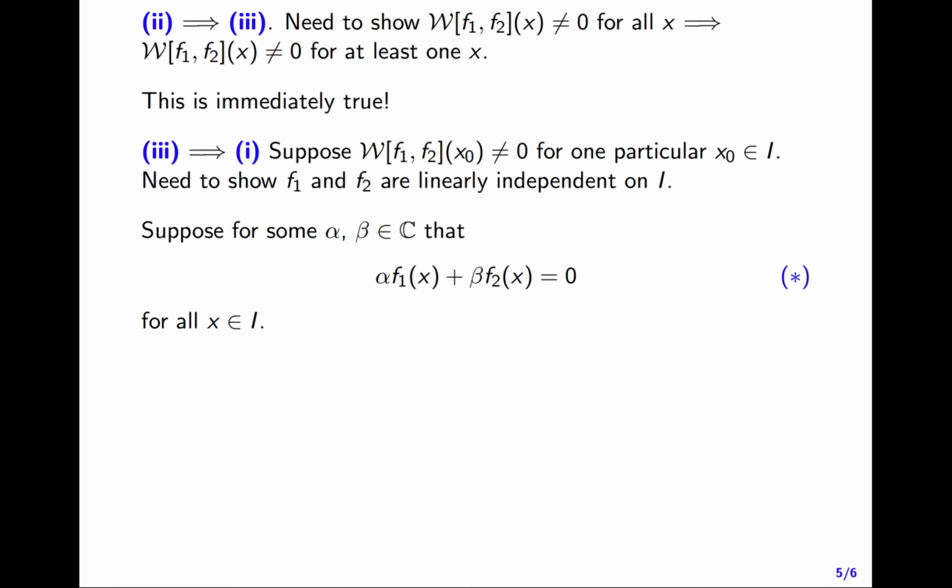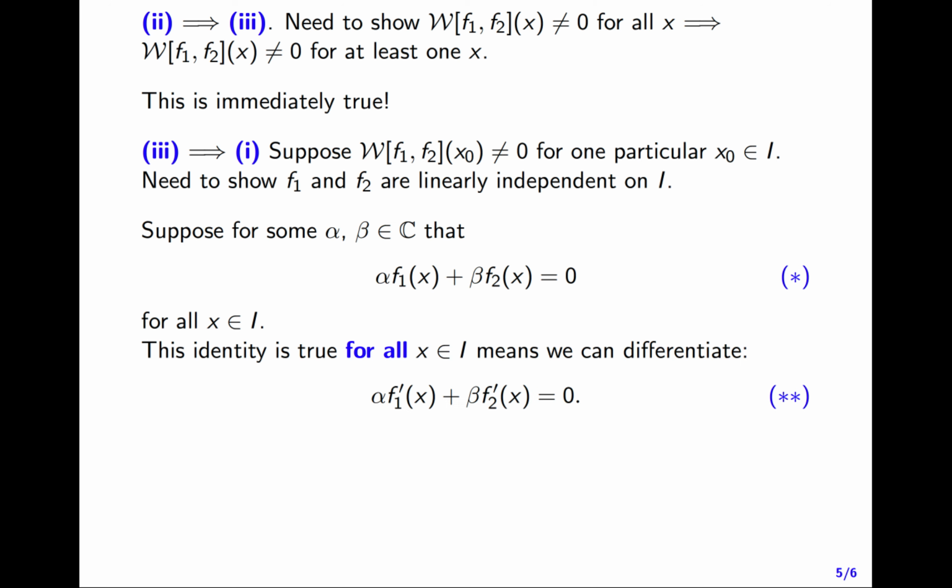I have alpha and beta in the complex numbers, such that alpha times f1 of x plus beta times f2 of x is 0 for all x in I. And if f1 and f2 are to be linearly independent on I, I need to show that alpha equals beta equals 0. So I start out with my linear dependence relation, star, and this identity is true for all x in my interval I, so I can differentiate both sides of it and get a new identity, double star: alpha f1 prime of x plus beta f2 prime of x is equal to 0.